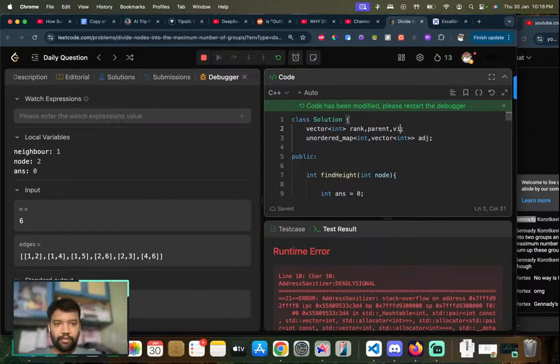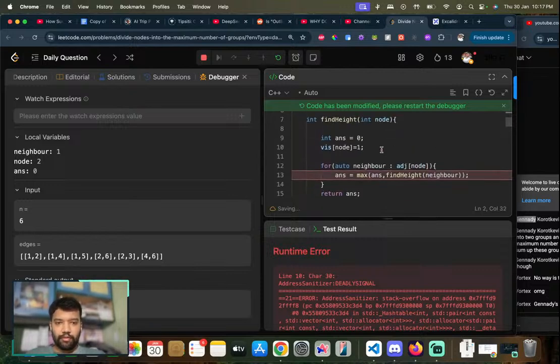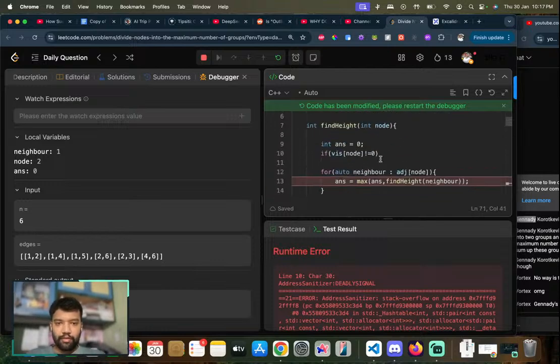So this should be, if visited of node is not equal to 0, minus 1.